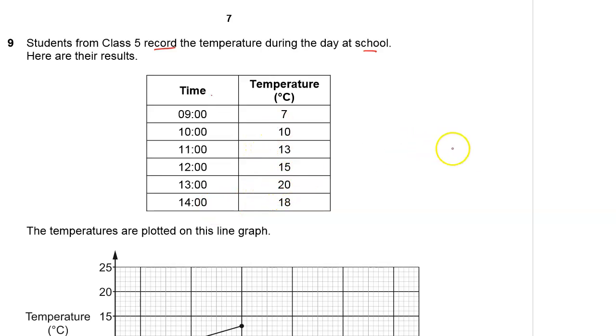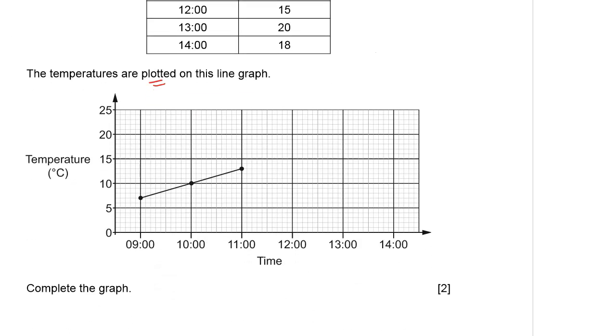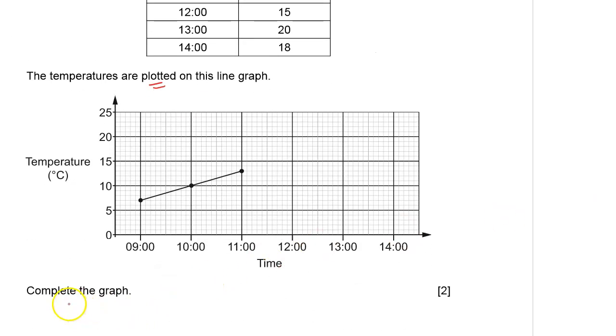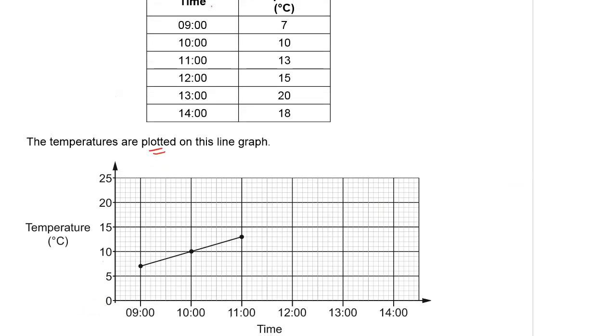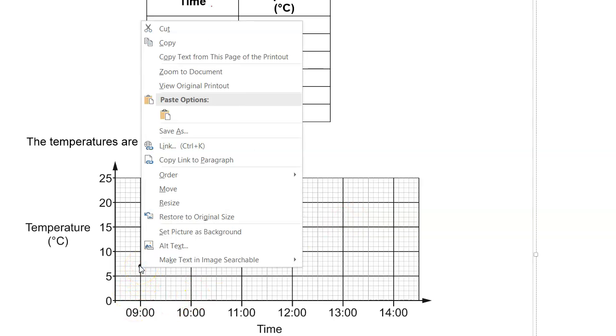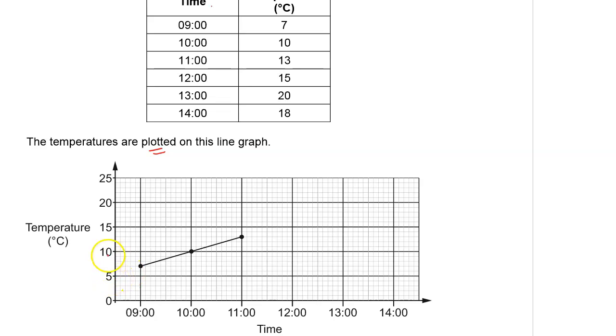The temperature record is there. We are told that the temperatures are plotted on this line graph. You can see the line graph right there. We are told to complete the graph. Of course, we can see from 9 the temperature was 7.